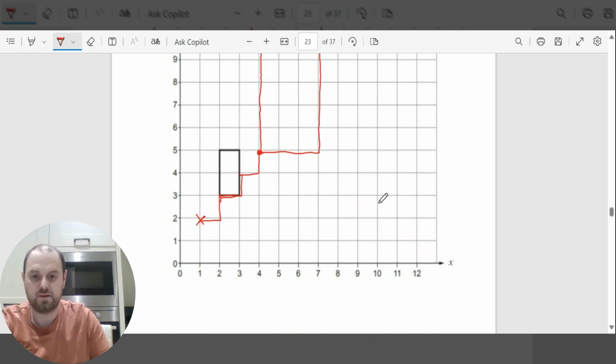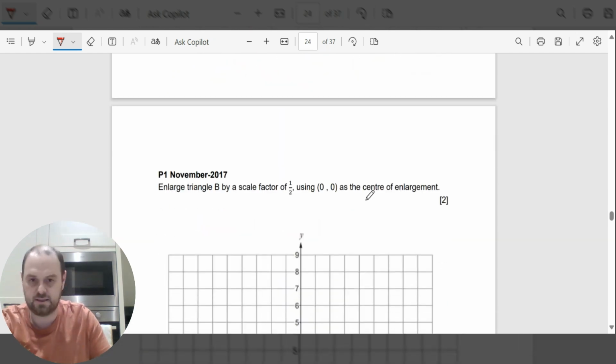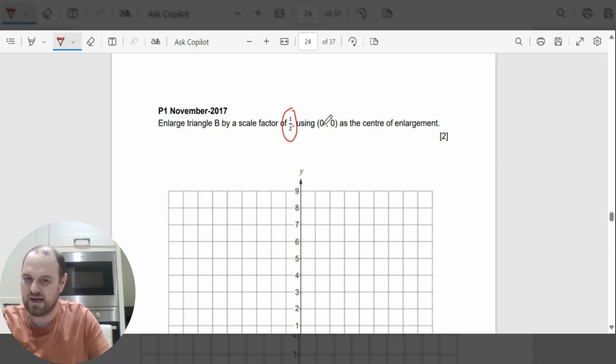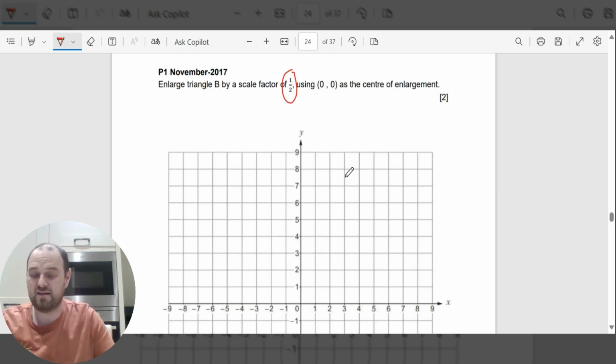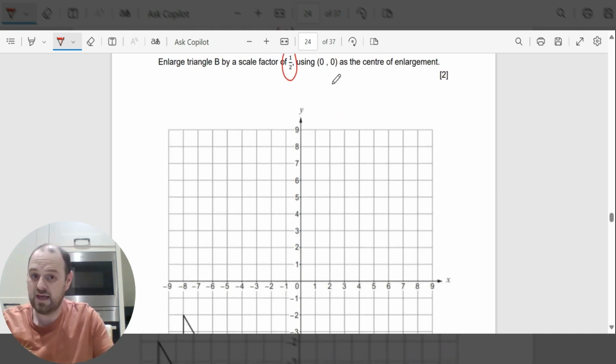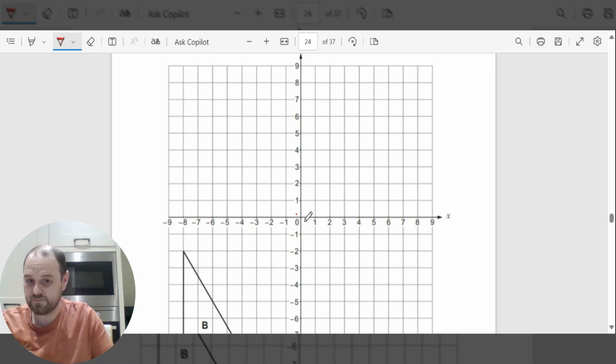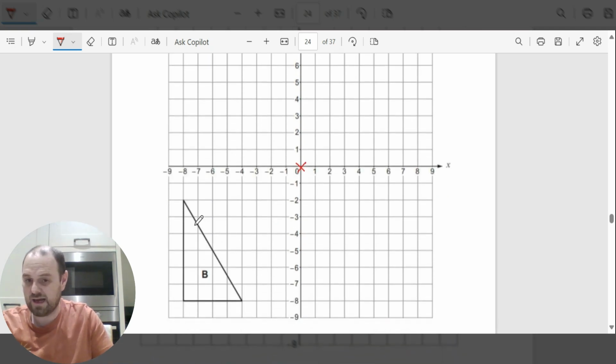Okay. Whereas this one, lovely people, to end this little section, a scale factor of half. Everybody assumes enlargement means make bigger. But actually, a scale factor of half means half the size of it, right? This time our center's here. So we want to half this. So instead of a 6x4 triangle, I want a 3x2, half the size. But I also want to go half as far away.